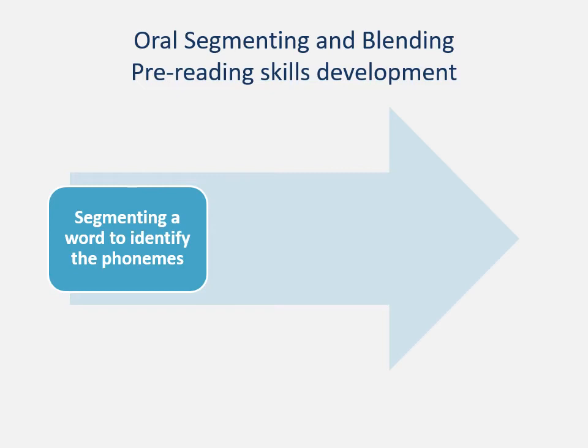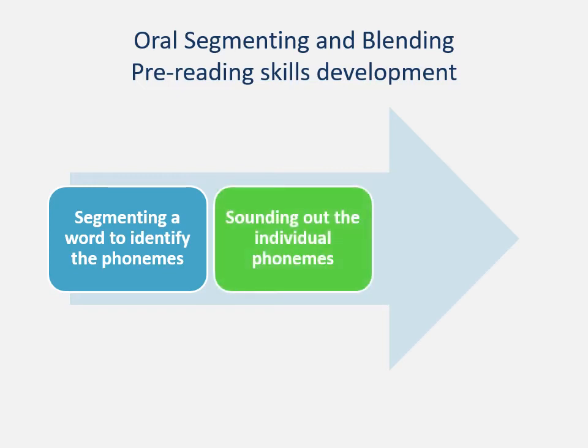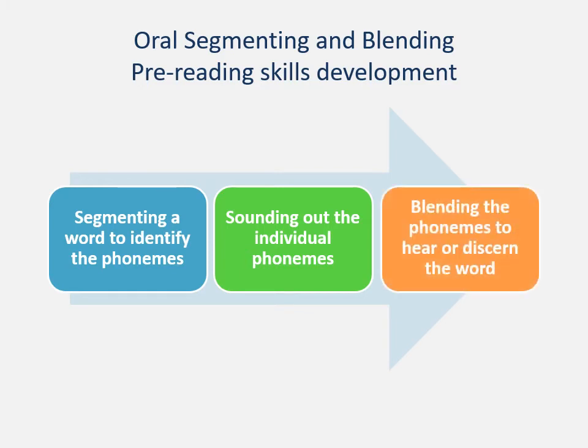And to identify the phonemes, they need to be able to segment, to be able to say a word like flag, and to break it down to f, l, a, g, 4 phonemes. So we're sounding out those individual phonemes and then blending them together. F, l, a, g, flag. These are essential skills before children can decode text and encode text.